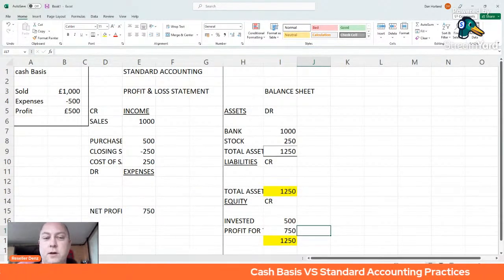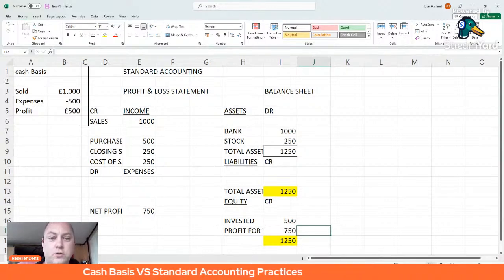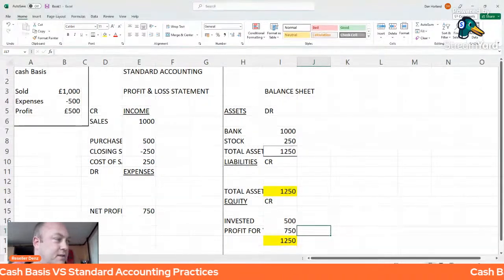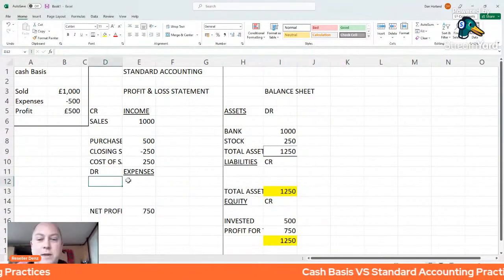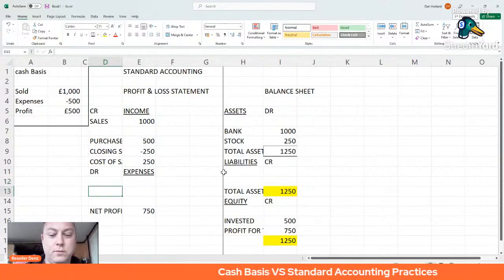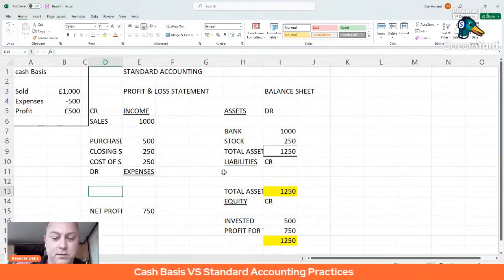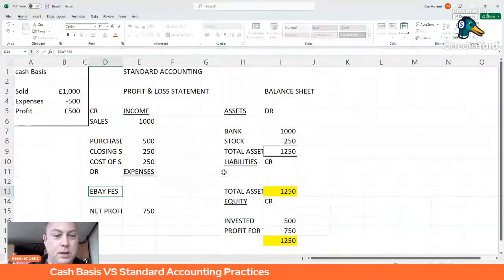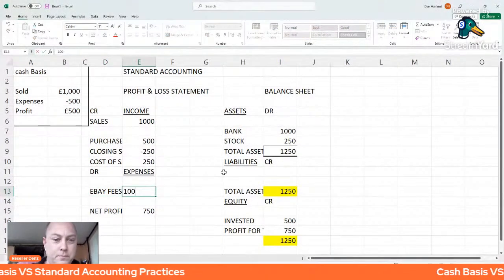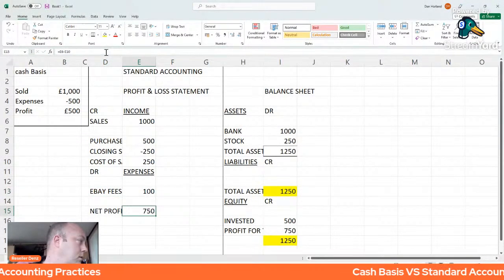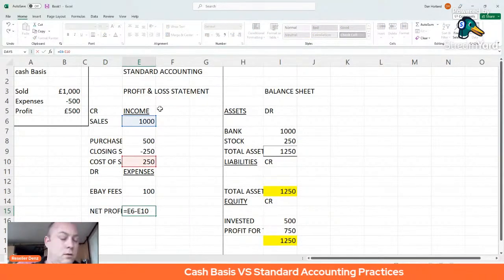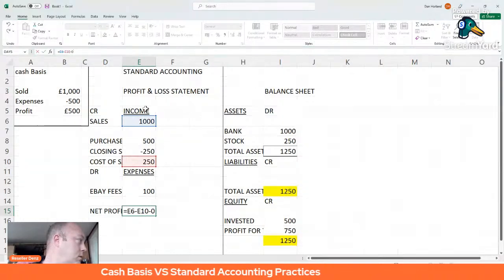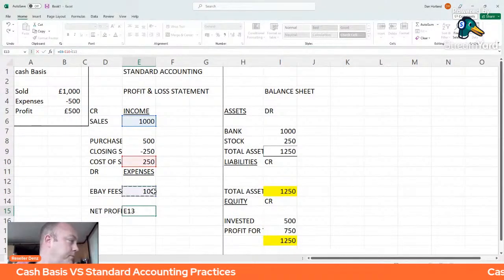But think about things like advertising costs, shipping costs. We can stick those in, right? So expenses come in. You've got, let's say, eBay fees, because we're all eBayers around here, and they're £100, and they're 100 quid.